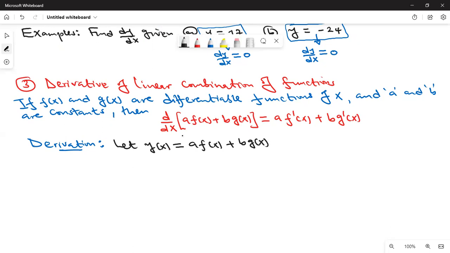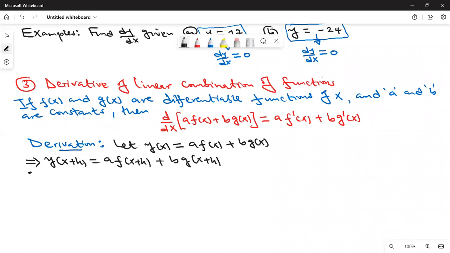That's for y. I want to use first principle. So this means that I need to get y of x plus h. Therefore, y of x plus h is the same as a constant a times f of x plus h plus another constant b times g of x plus h.